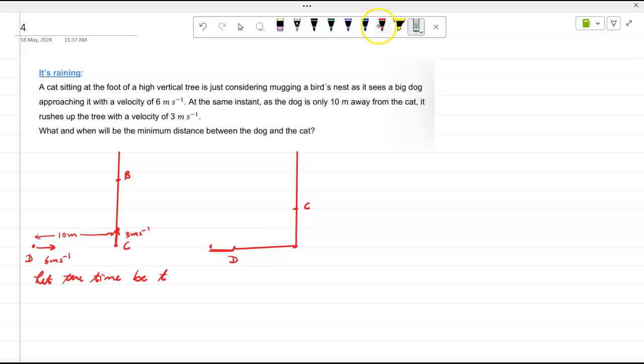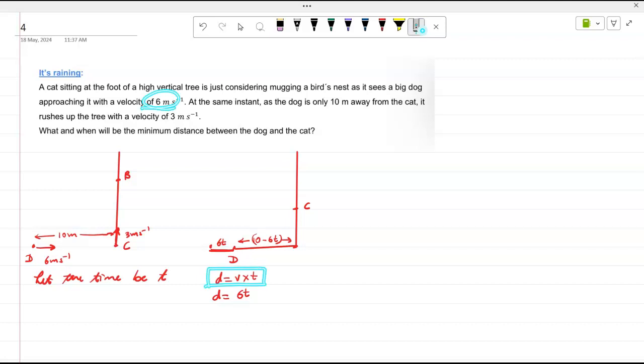Now, what will you do? What is the distance traveled by the dog? What is the formula of distance? Speed into time, velocity into time. What is the velocity of the dog? 6 times t. So the distance traveled by the dog is 6t. Why 6? 6 is the speed.